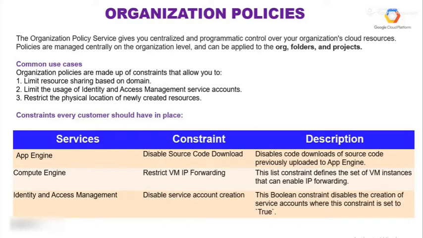Once you put the organization policy on the org level or on the folder level, the same thing will apply in a hierarchy down to your projects and everything. For example, I can give you a few examples: let's say I want to restrict everyone, so no one should create a service account in any project. We can do this from the organization policies.